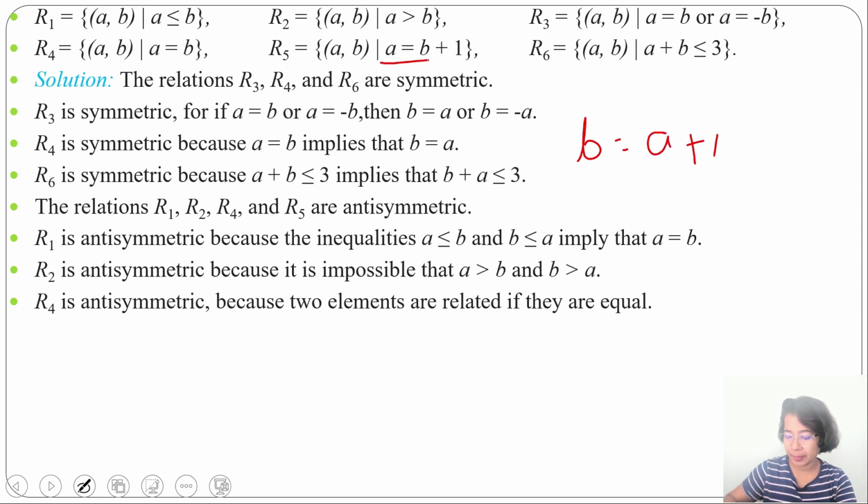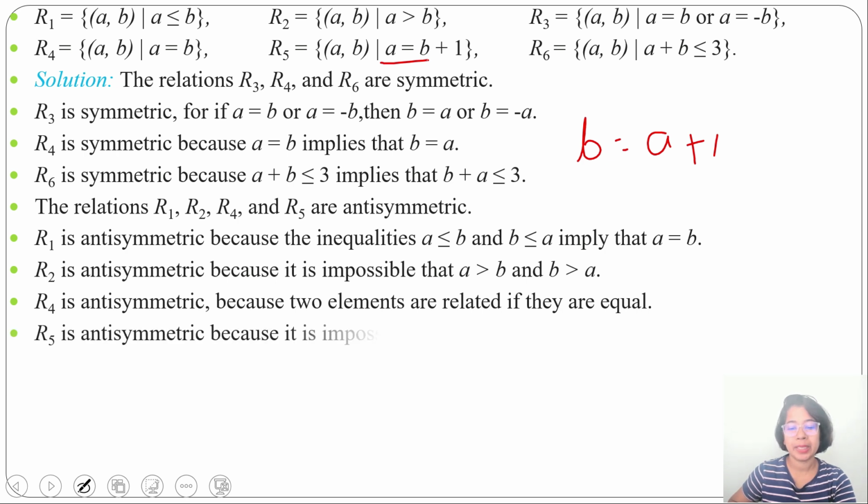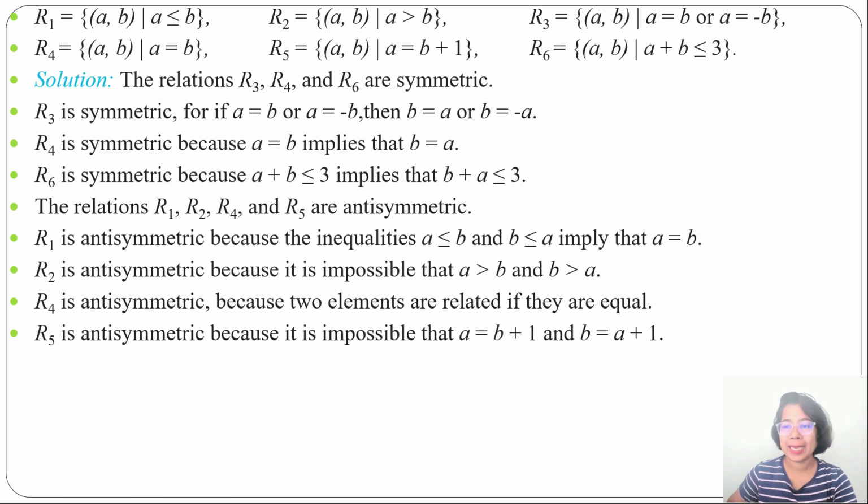So if one ordered pair (A,B) is present, then (B,A) is impossible. So that's why R5 is antisymmetric. If (A,B) is present and (B,A) present, then A must be equal to B, then it is antisymmetric. If (A,B) is present and (B,A) existence is impossible, then it is antisymmetric.